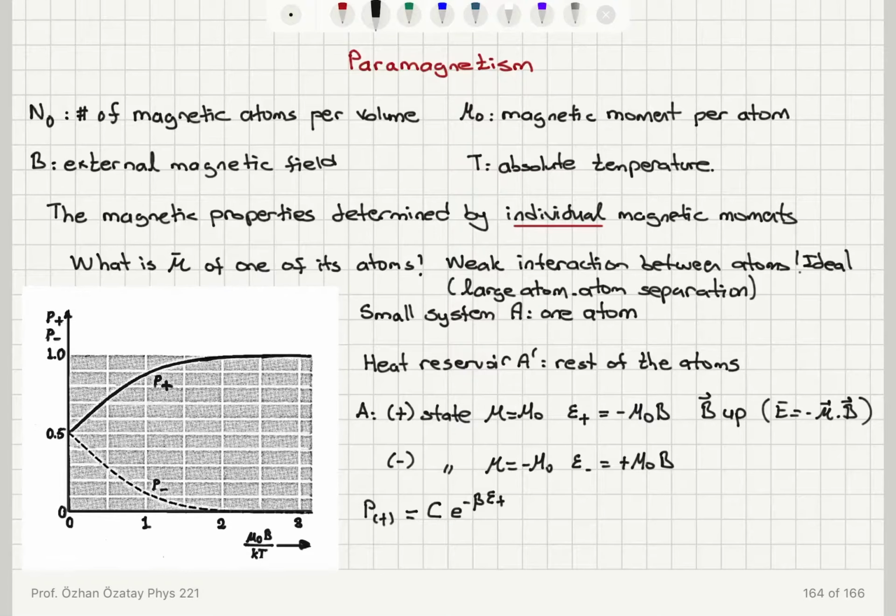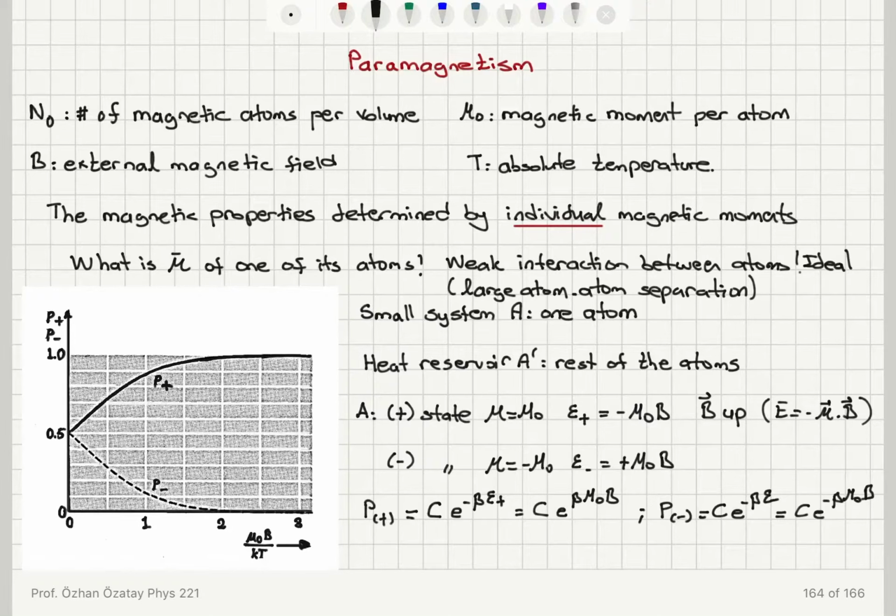So this is going to be c times e to the beta mu 0 B, and the corresponding probability for the minus state will be c times e to the minus beta epsilon minus, which is c times e to the minus beta mu 0 B. So you can see that the plus state is favored in this situation.